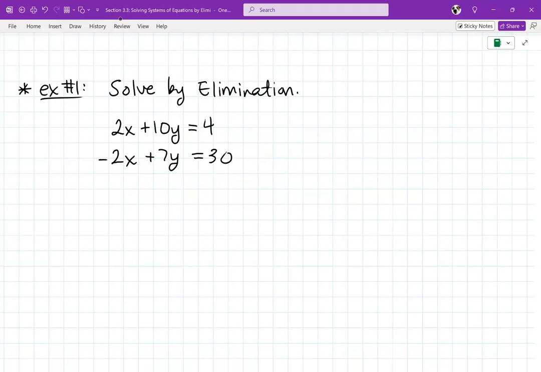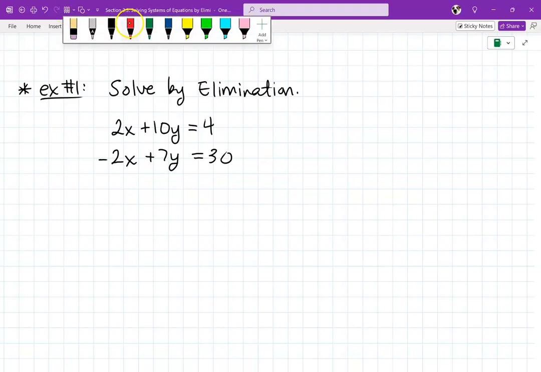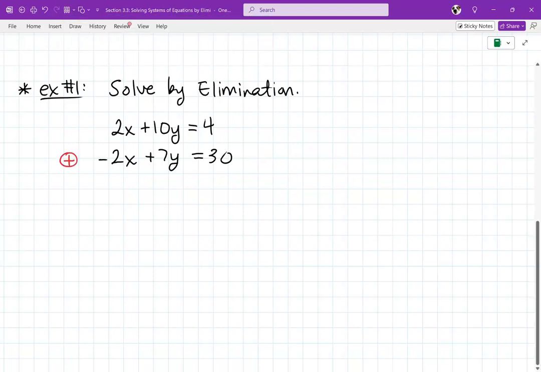So what I'm going to do is just add. I'm just going to try adding. By the way, I always put the plus or the minus on the outside with the circle, just so that I don't get it mixed up with anything. So I'm just going to add, and hopefully something goes away. So what's 2x plus a negative 2x? What do I get? 0.